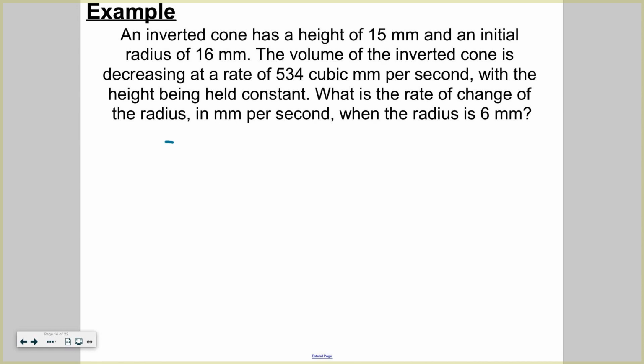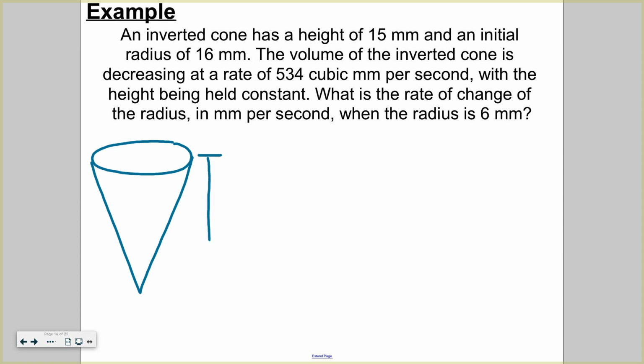Let's draw a picture of our inverted cone. And we are told that the inverted cone has a height of 15 millimeters and an initial radius of 16 millimeters. Alright, so that means we have a height, and then we have an initial radius.